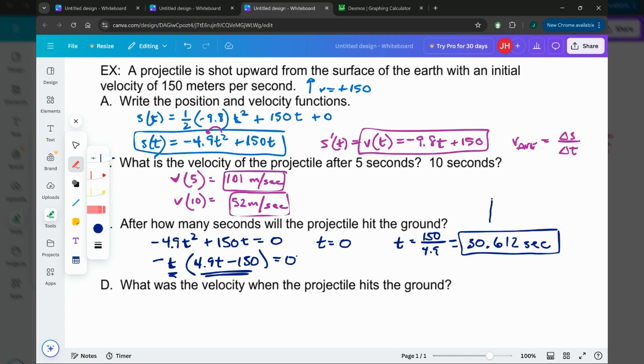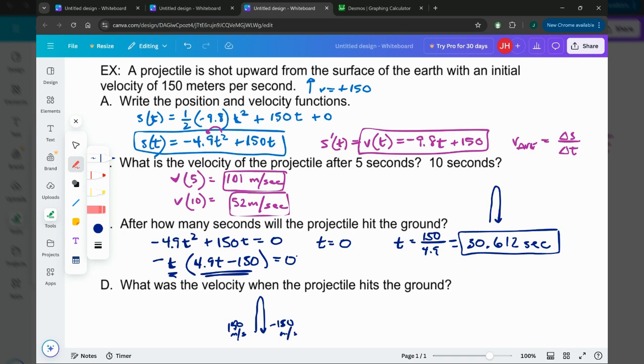So it went up, hit a maximum, came back down. Now, what was the velocity of the projectile when it hit the ground? I'm sure a lot of you have already figured this out. If it left the ground at 150 meters per second, and then it came down exactly opposite of what it went up, you would think it would be negative 150 meters per second.